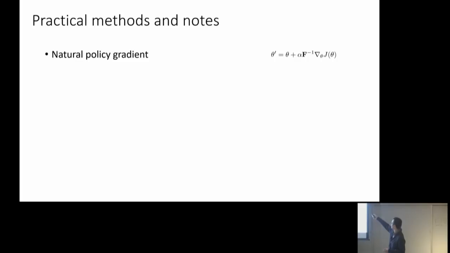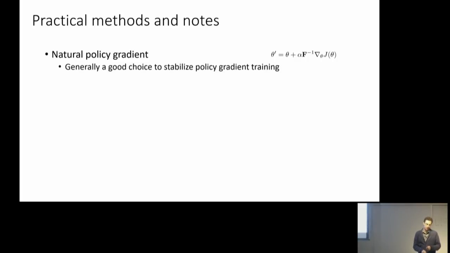All right. So some notes about practical methods that make use of the ideas described in today's lecture. Natural policy gradient. If you see someone in the literature say, I'm using the natural policy gradient, what they mean is that they're doing this. Usually they're using this and picking alpha by hand, or maybe plugging this into Adam and letting Adam pick alpha.